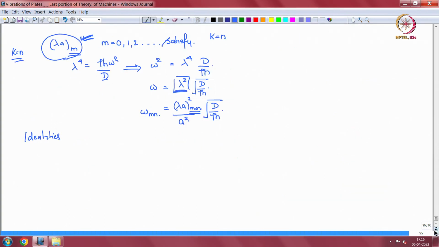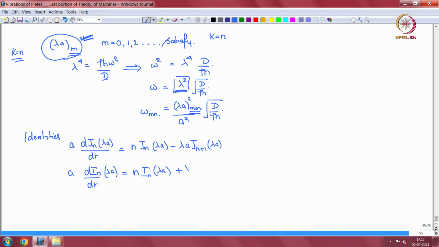So what we will do is we use identities: dJ_n(lambda a)/dr can be written as n J_n(lambda a) minus lambda a J of the n plus 1th order lambda a, then a times dI_n/dr (lambda a) is equal to n I_n(lambda a) plus lambda a I to the power n plus 1 into lambda a.